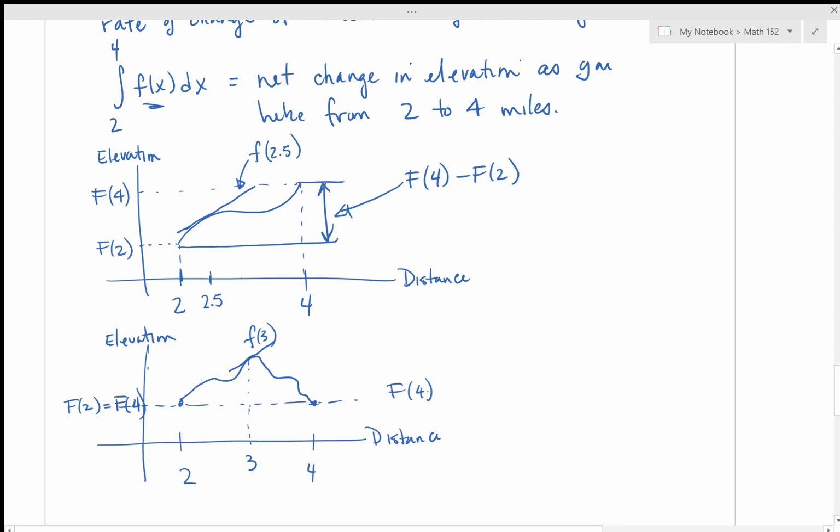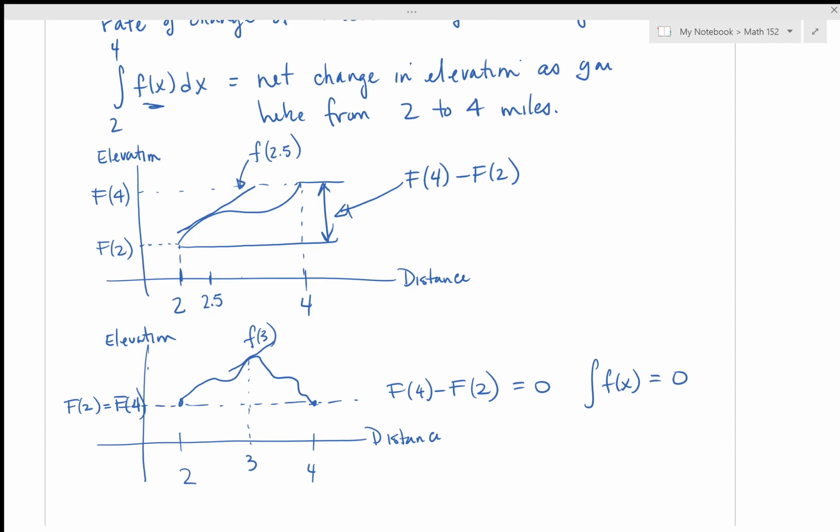It does not mean that you didn't do any work and you didn't go up or down. It just means that at the end of the day, you're at the same elevation that you started at. So this is equal to 0. There's been no change in your elevation from start to finish. The net change is 0.